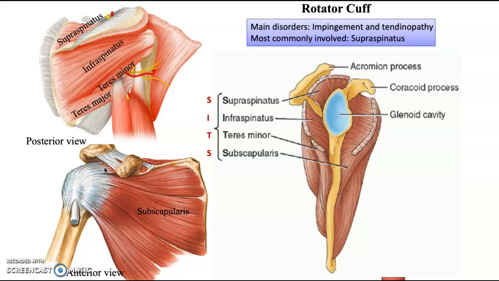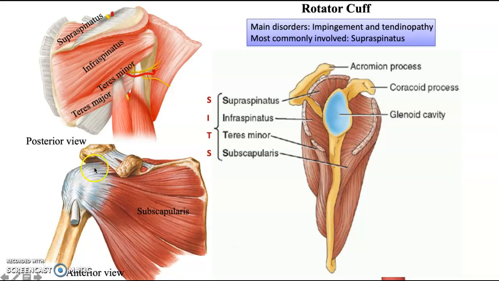If you think of a baseball pitcher, whenever he pitches the ball, every time he does it, you can imagine how many times they do it. So every time you abduct the arm, it may go and touch the undersurface of this one, right?